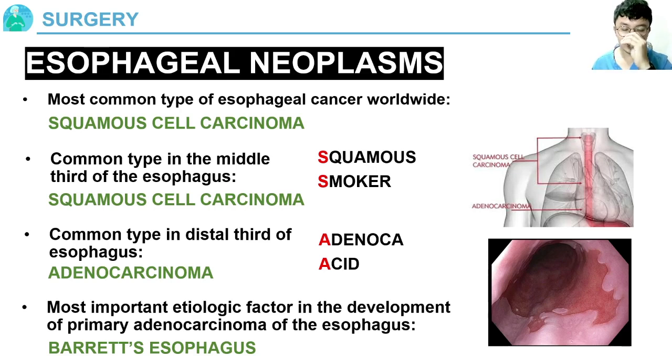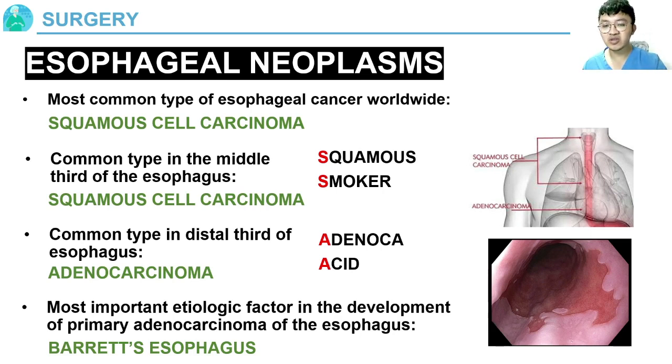However, if it's exposed to too much acidity, it transforms into a type of mucosa capable of handling that acidity, an intestinal or columnar type. This metaplastic transition from squamous to columnar is called Barrett's esophagus, and it's a risk factor for adenocarcinoma.